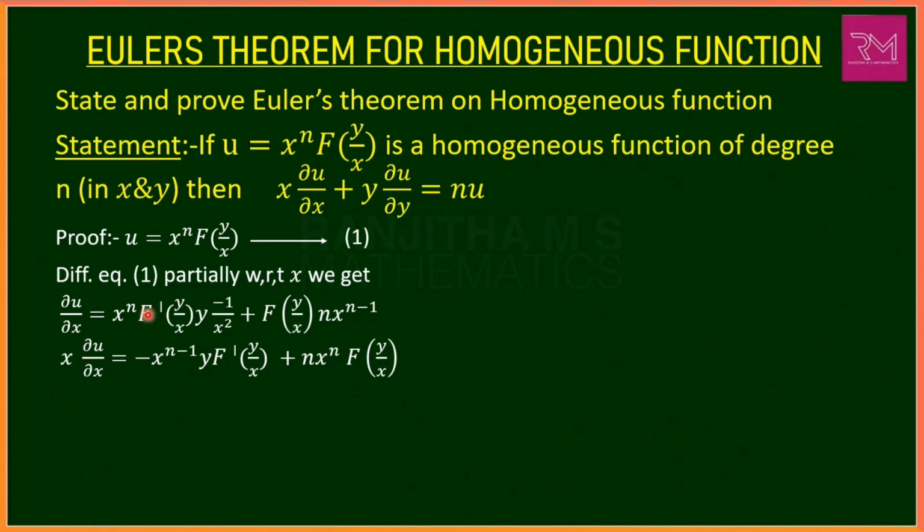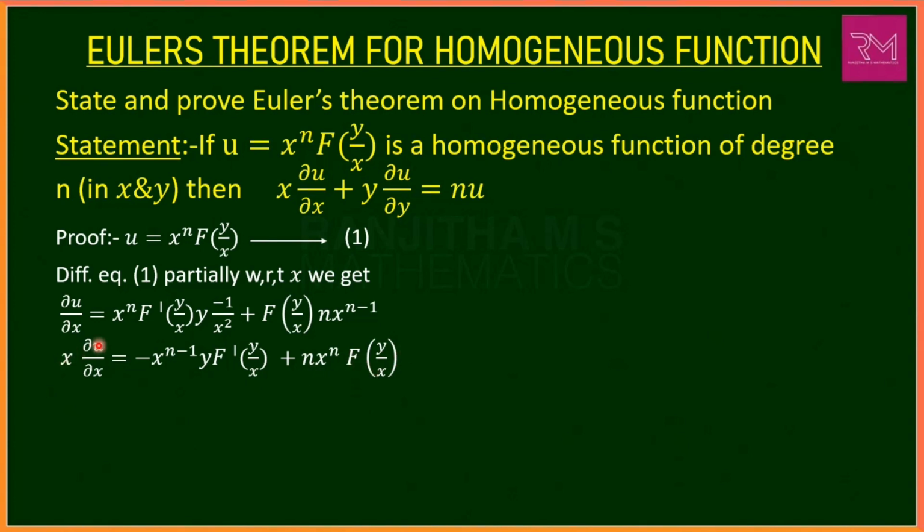If we add the powers, hence we get minus x power n minus 1 into y into f dash of y by x plus, here also we have to multiply by x, that is x power n minus 1 into x, that is x power plus 1. So we get as x power n minus 1 plus 1, here plus 1 minus 1 gets cancelled, the remaining is x power n itself. So for this term we get as n into x power n into f of y by x.